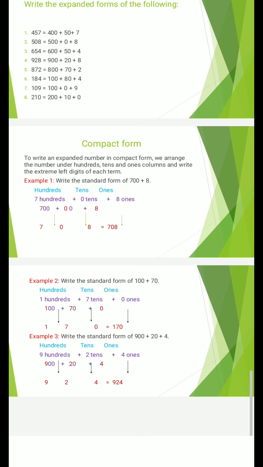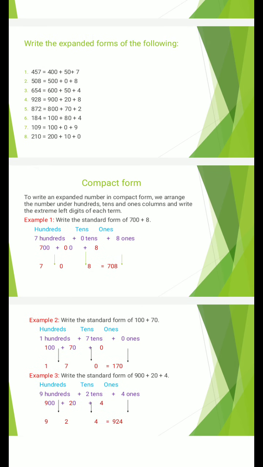In 700 the leftmost digit is 7. In 0 the leftmost digit is 0. In 8 the leftmost digit is 8 itself. So we get the compact form of 700 plus 8 as 708. I can explain another example for you.